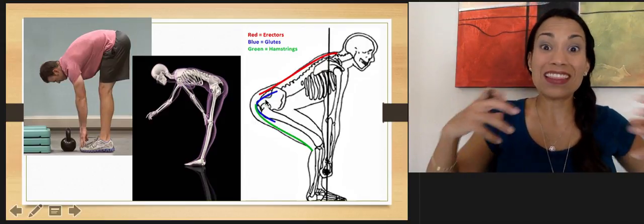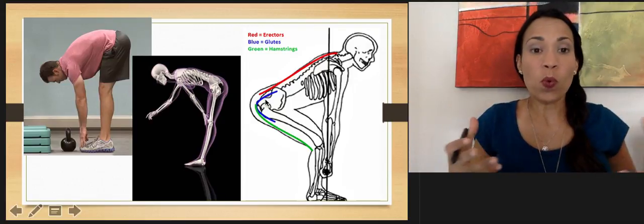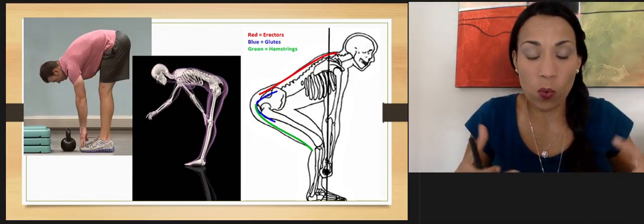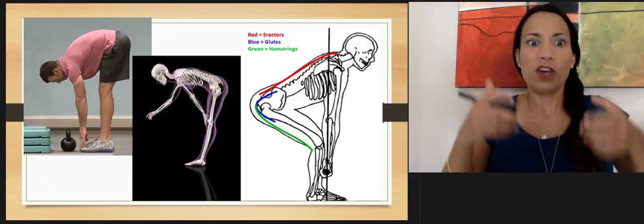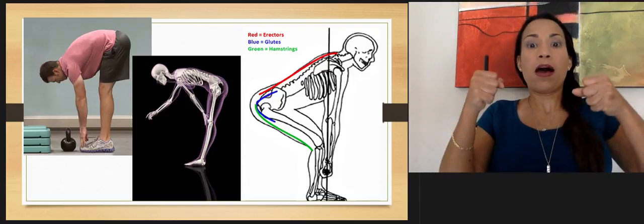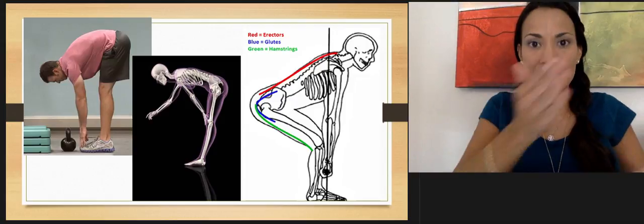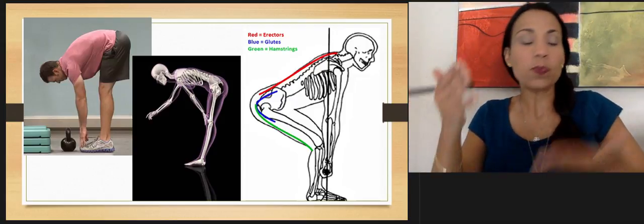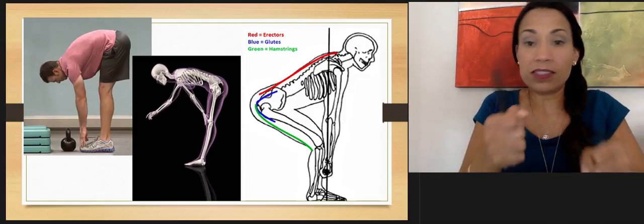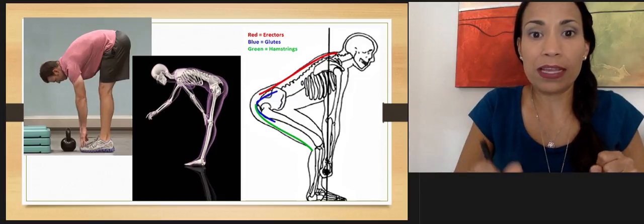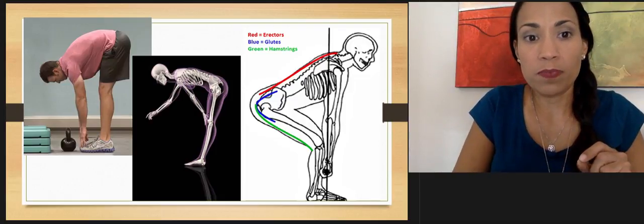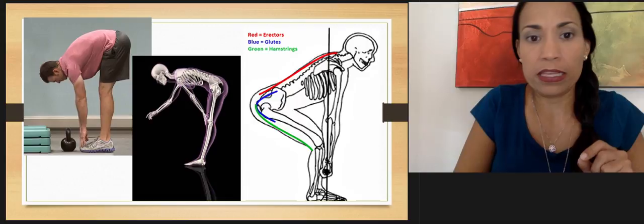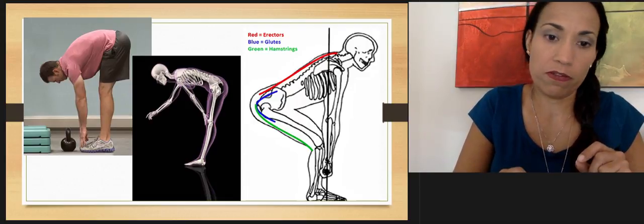The muscle and the ligaments are stretched. That's the reason why sudden movement of lifting weight inappropriately, so fast or not following this sequence of muscles, can break down ligaments or cause minor tears in the erector spinae muscle fibers.